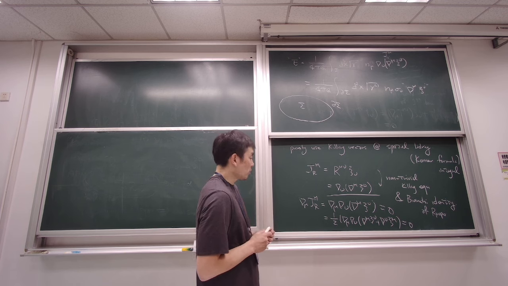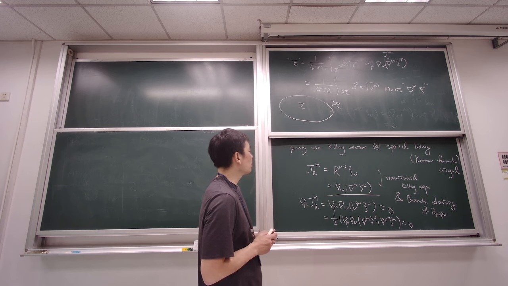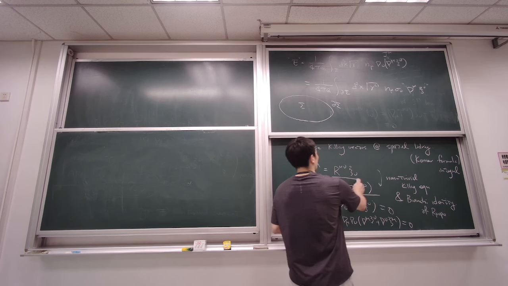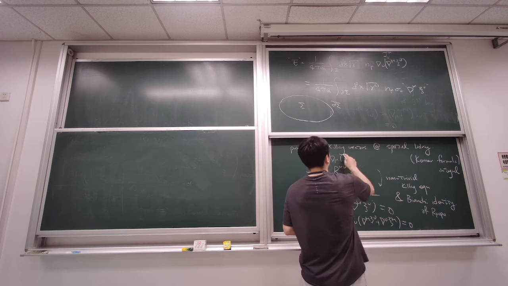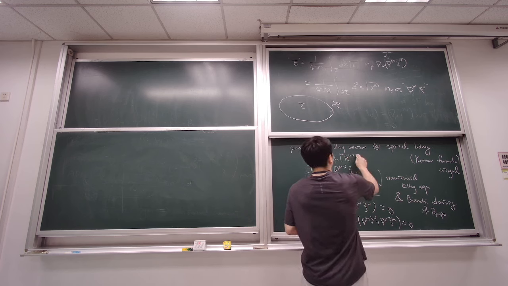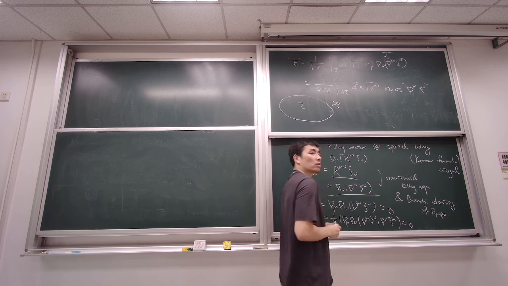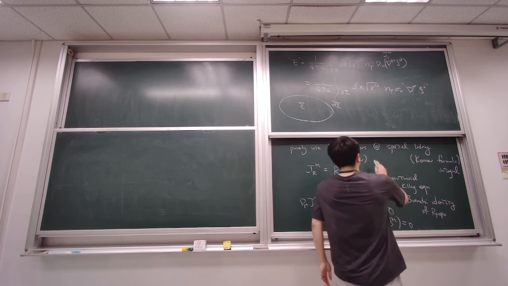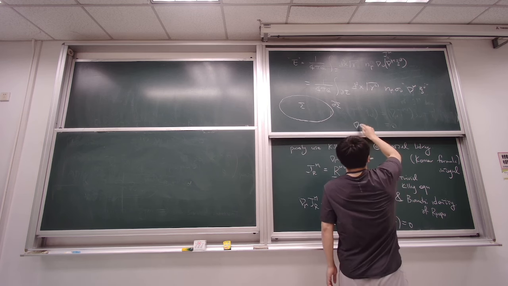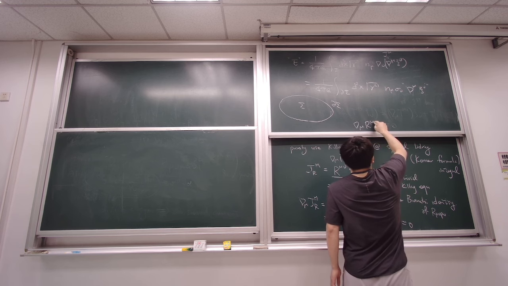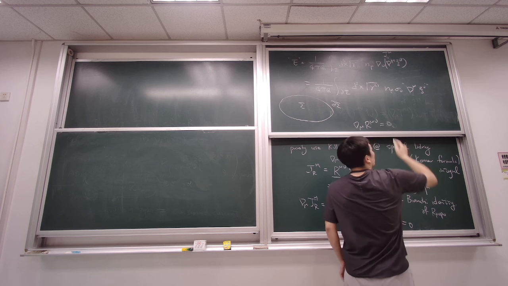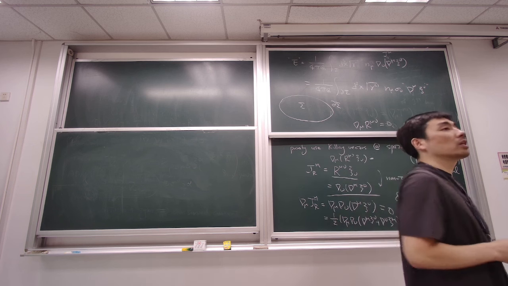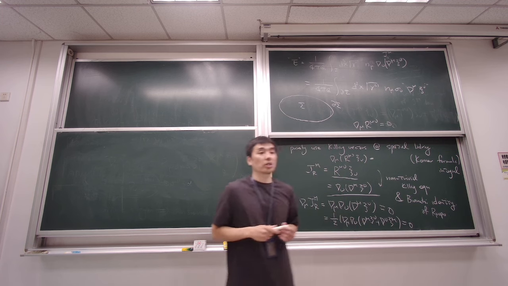Partial derivatives are commutative. That's true, but if you only look at this one, this one is also conserved, right? R mu nu is symmetric, right? And then dou mu R mu nu is also equal to 0, right? If you use the conservation of the stress energy tensor.